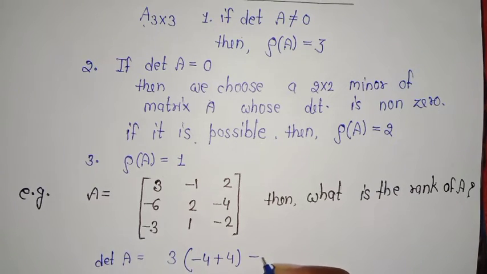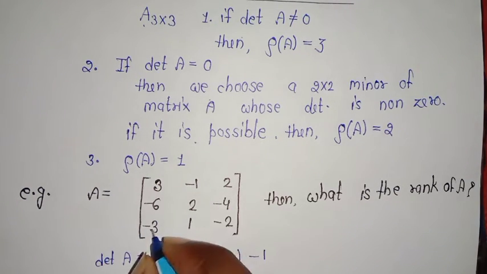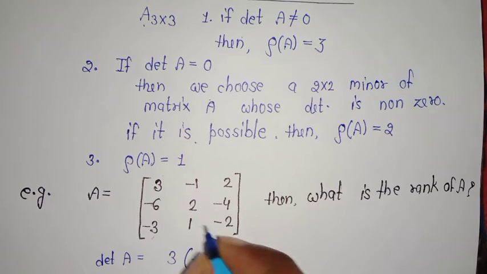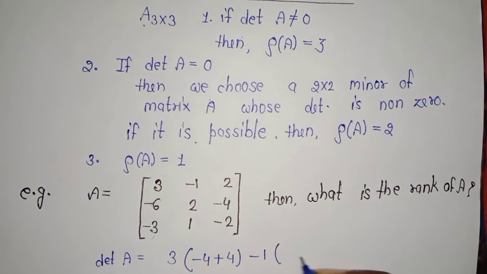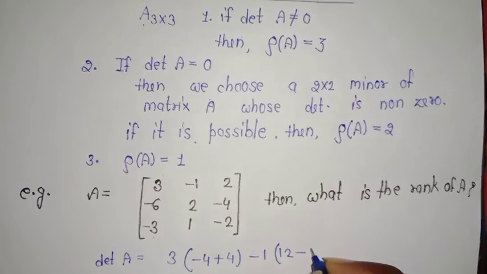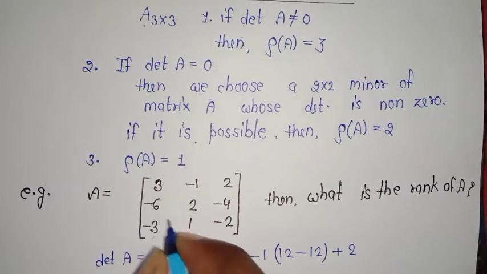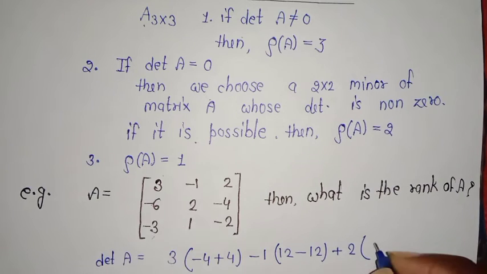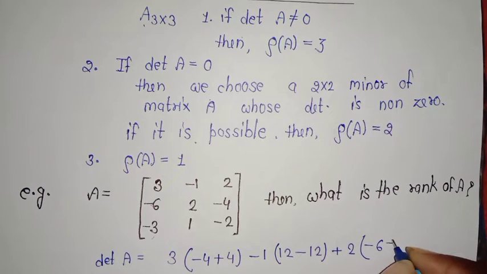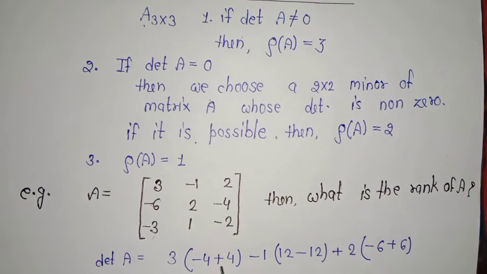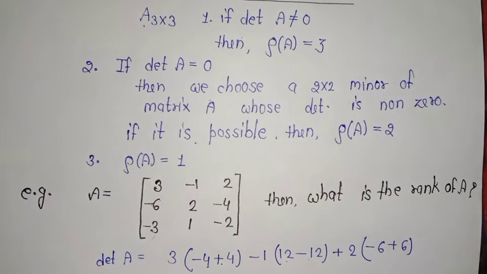And now minus 1, we cross multiply this by this and this by this. So we get 12 minus 12. Now we will take 2 and then this becomes minus 6 plus 6. So you can see minus 4 plus 4 becomes 0, 12 minus 12 becomes 0, 6 minus 6 becomes 0. So overall determinant of A is equal to 0.